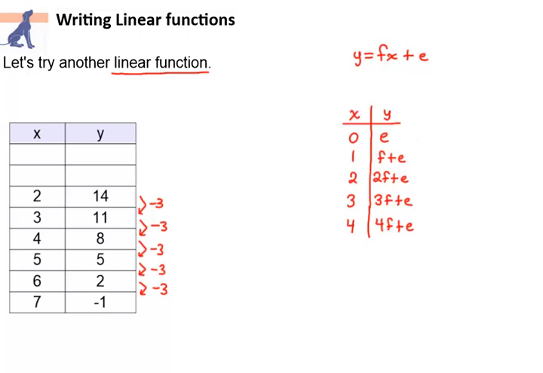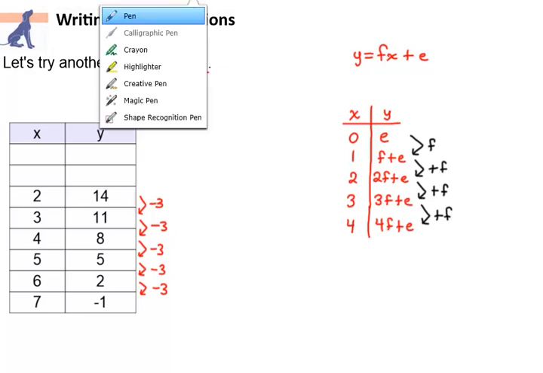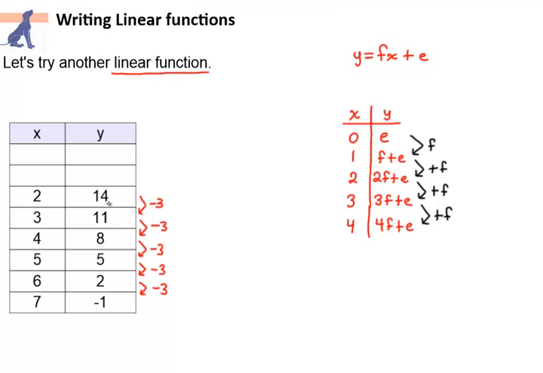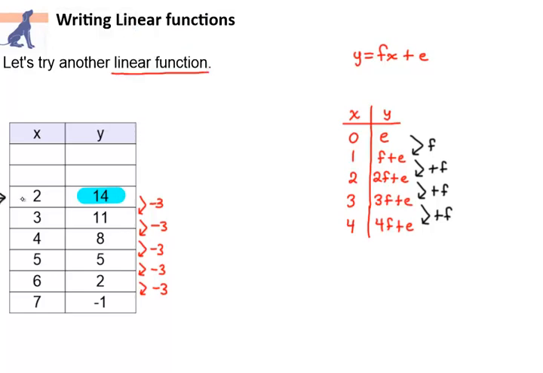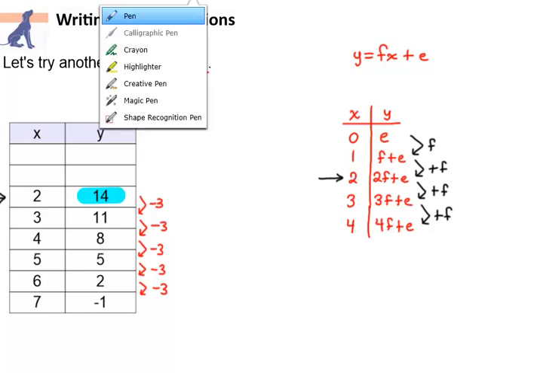This is a difference of f. Okay, and the reason I give you this table is because I want you to line up your corresponding parts. So the 14 is actually, careful, it's going to line up with the 2. So we're going to have to start here, not at the 0.